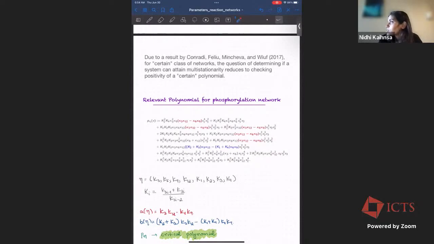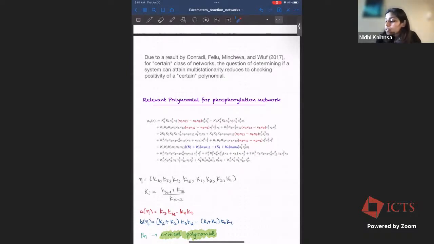Whatever results in terms of multistationarity and monostationarity we find in this R8 space, we can always extend to R12, because the fiber of the map from all 12 parameters to these 8 is a linear space, I think of dimension 4.